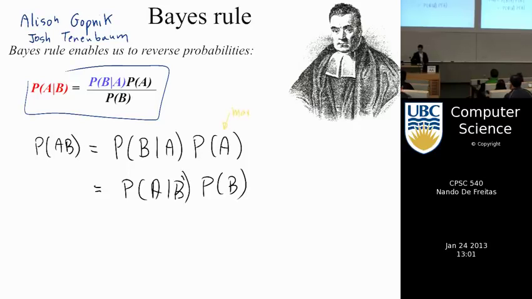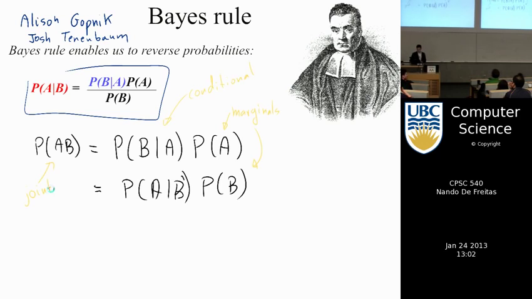This is called the marginal. This is the conditional. And this is a joint distribution, because it models A and B jointly. My YouTube 340 lectures go into detail with examples, say with binary variables, on how we do this. So if you want a background on that, I recommend that video.